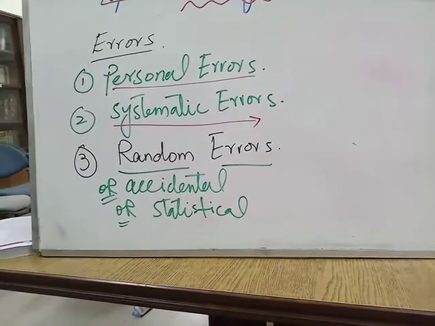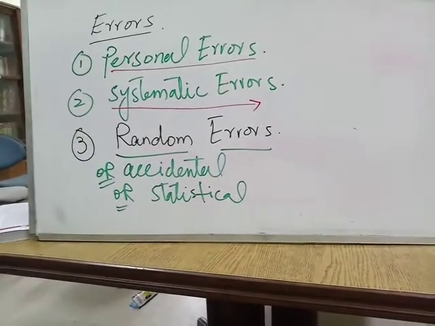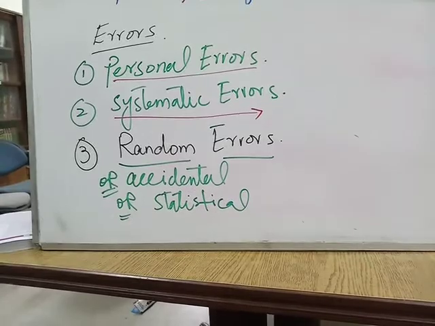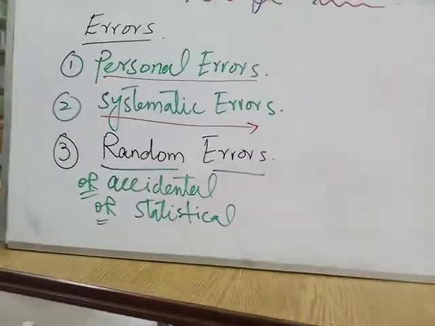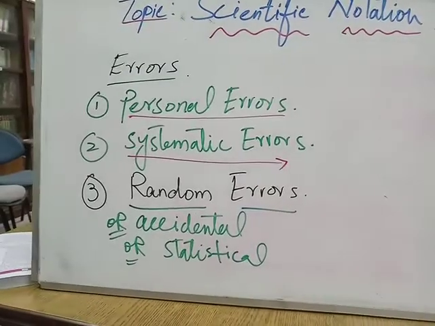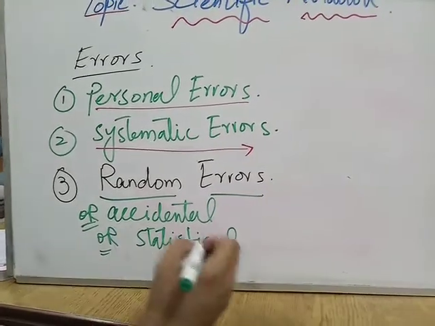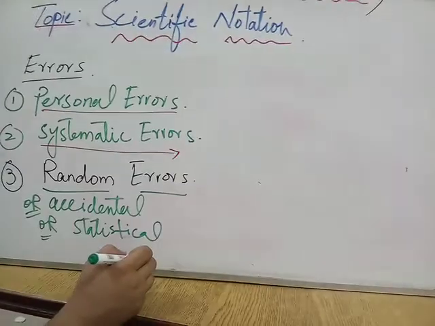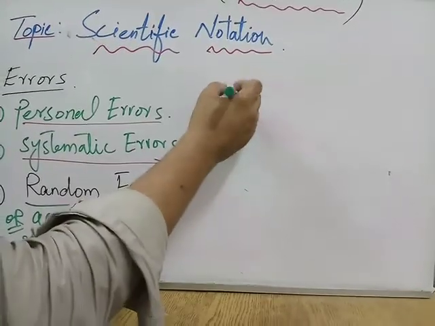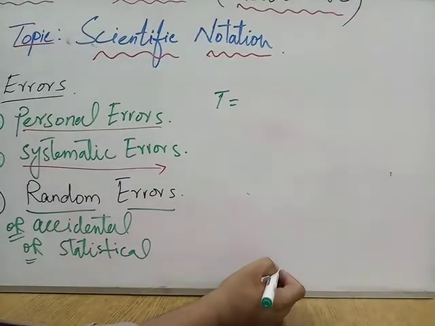When we repeat measurements of some quantity under the same condition and the results are different values of the same quantity, this error is called random error. Let me say one student performs an experiment and notes down the time period of a simple pendulum.